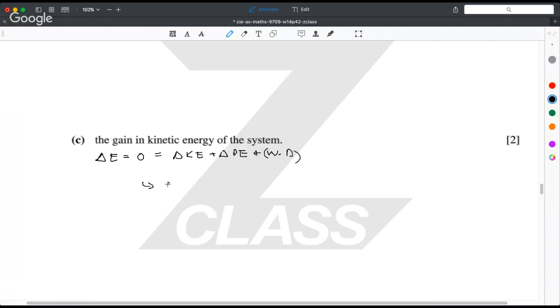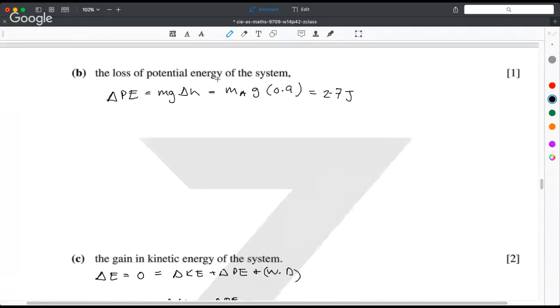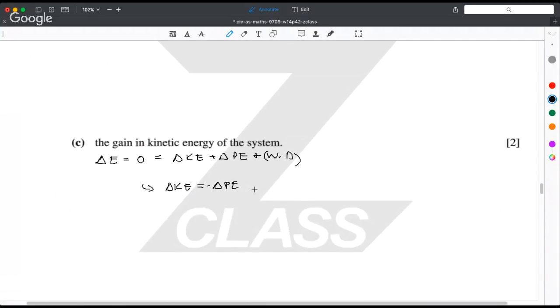So therefore, the change in kinetic energy is going to be equal to minus the change in potential energy. So here's a sign convention. Actually it's lost potential energy, so the change in potential energy is minus 2.7 joules, because the height change was minus 0.9. This is just being a bit fussy, but I'm going to keep it this way.